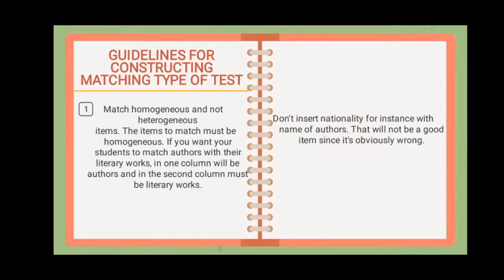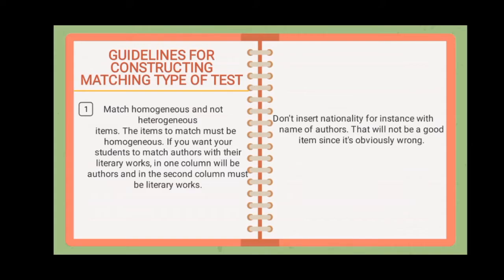So here are some guidelines in constructing a matching type of test. First, match homogeneous and not heterogeneous items. The items to match must be homogeneous. If you want your students to match authors with their literary works, in one column will be authors, and the second column must be literary works.